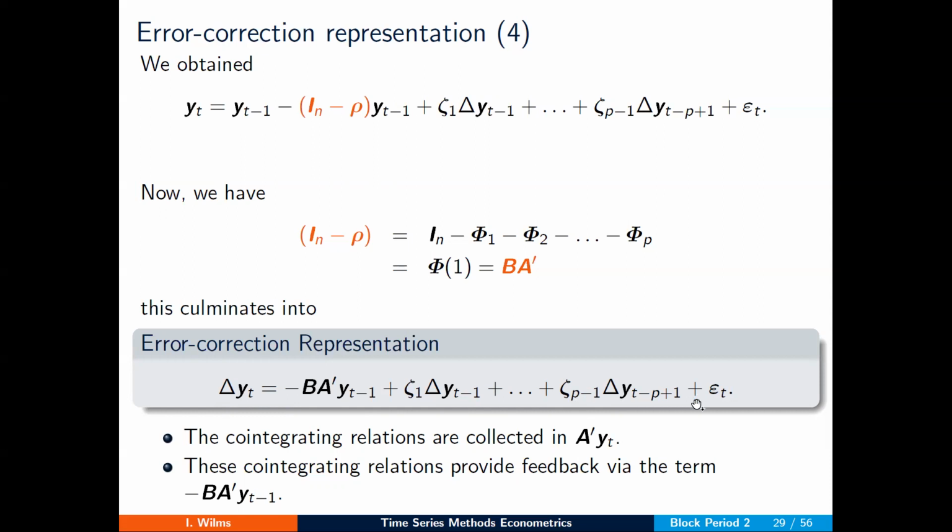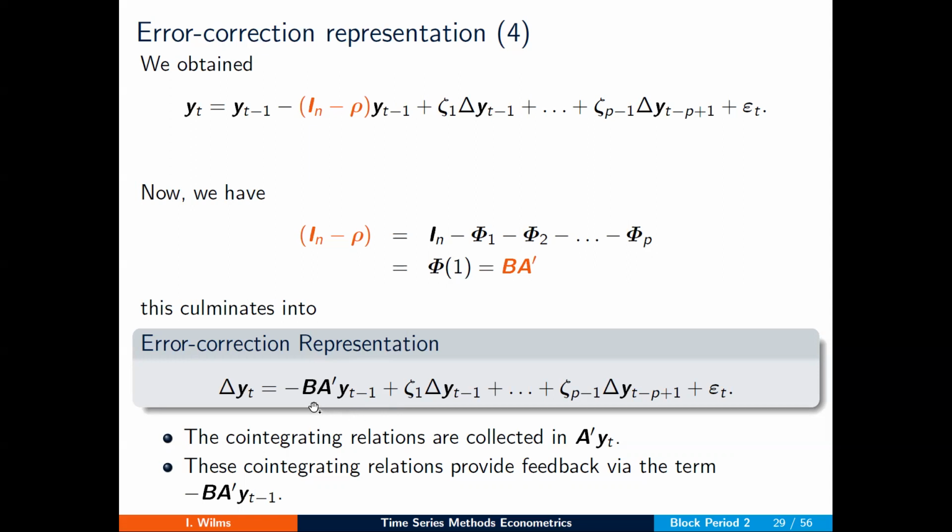Now we don't have a VAR in differences because this term also pops up. And what is this term? Well, A prime times y t minus 1, or our co-integration relation at time point t minus 1. So our short run dynamics, as we would model through a VAR in differences, are corrected towards the long run dynamics through our co-integration relations, hence the name error correcting model.